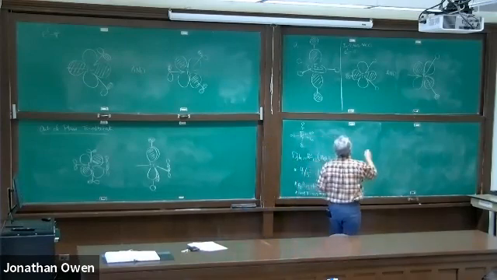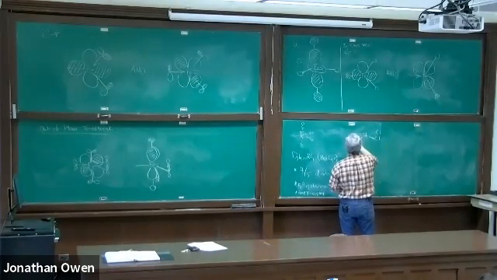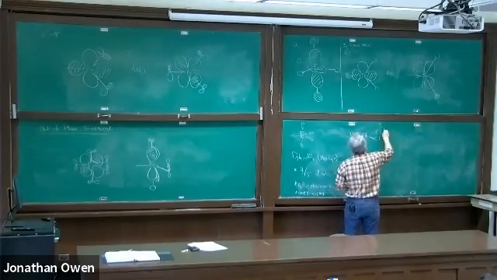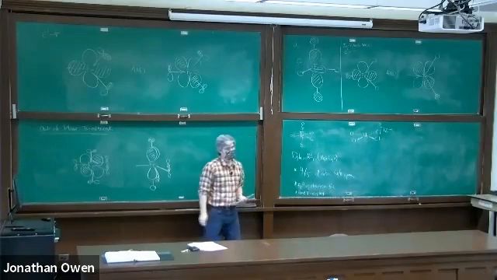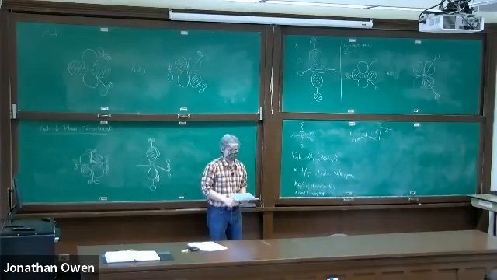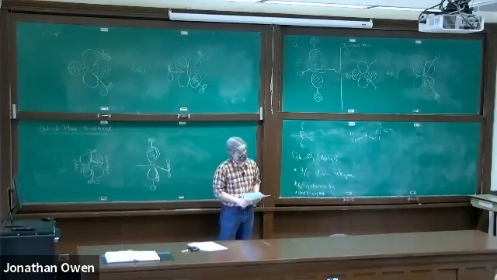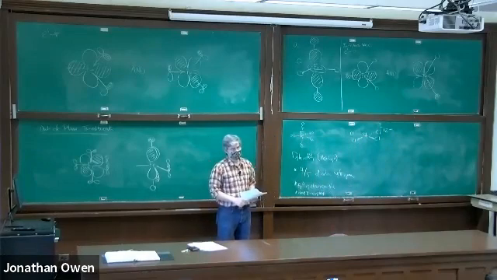Now, let's take a look at this one here. Tetrachloroplatinate. How many d electrons for tetrachloroplatinate? 2 minus complex, because 2 of those chlorides count for 2 of the negative charges, and that leaves you with platinum dichloride left over.